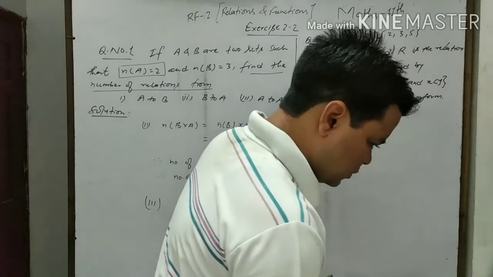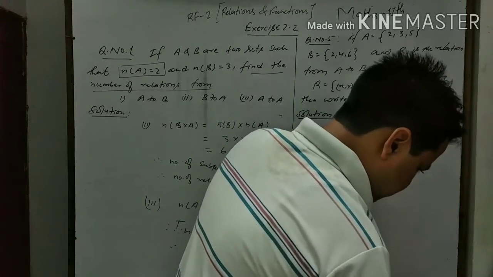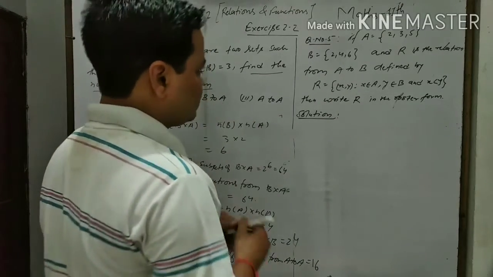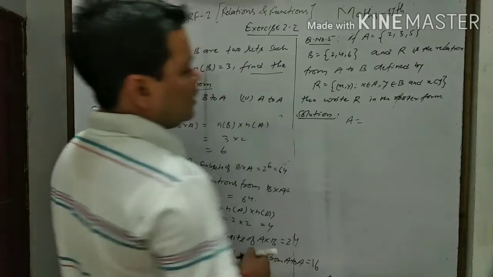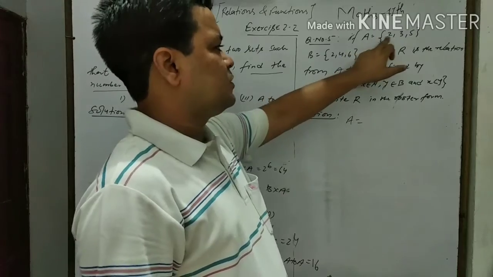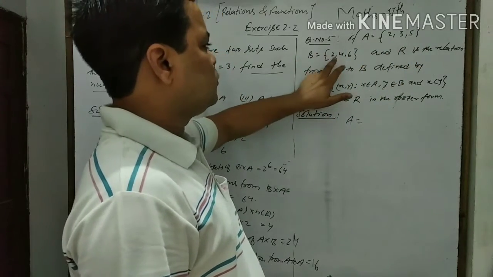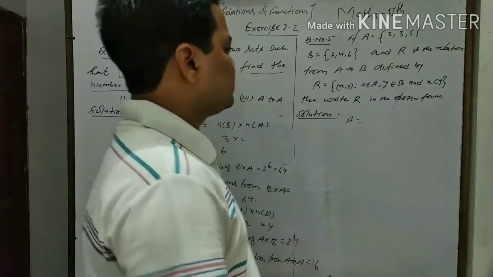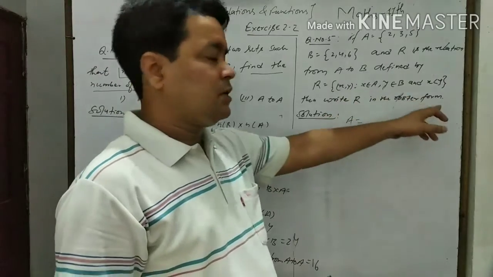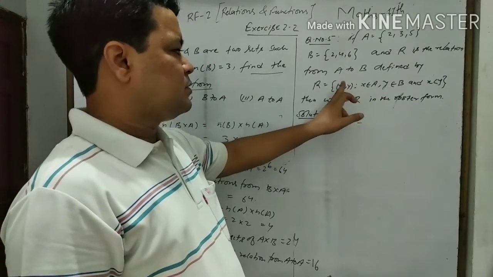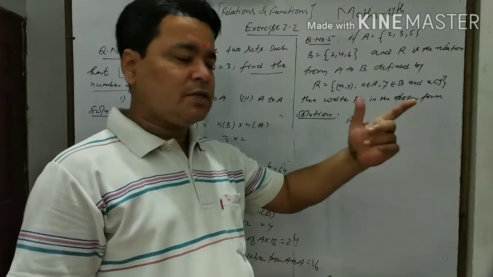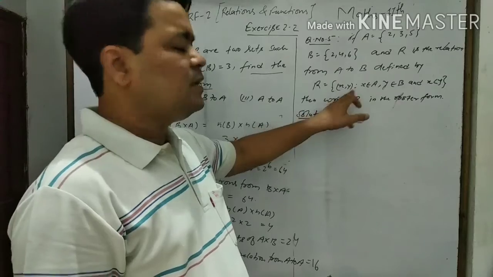Now let us see question number 5. Here, if a non-empty set A is equal to {2, 3, 5} and B is equal to {2, 4, 6}, and R is the relation from A to B defined by (x, y), where the first element is related to A and the second element to B, such that the value of x should be less than y.